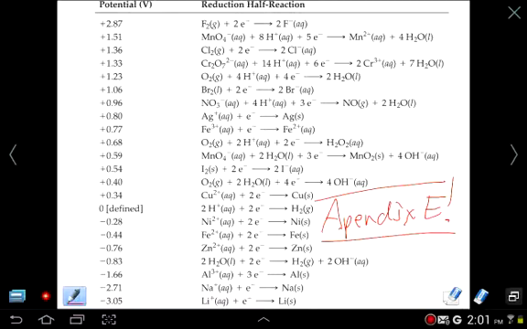We are back, and Appendix E is in the process of being opened. So take a look at Appendix E, and we should find, let's go ahead and circle back.